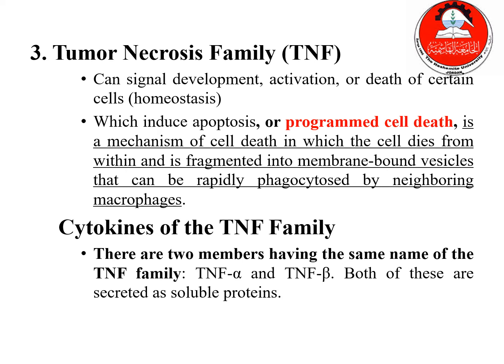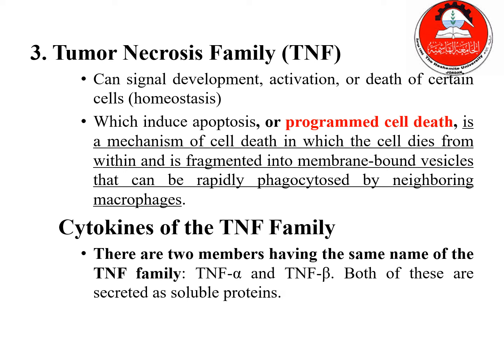The mechanism of cell death, in which the cell dies from within, is fragmented into membrane-bound vesicles that can be rapidly phagocytosed by neighboring macrophages. So there's fragmentation and then phagocytosis by neighboring macrophages.